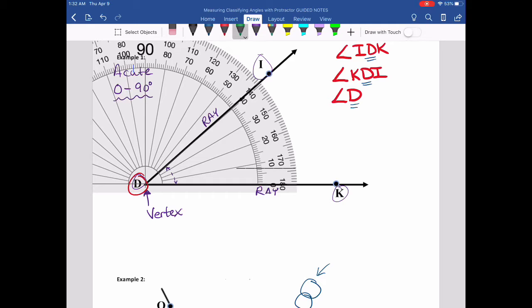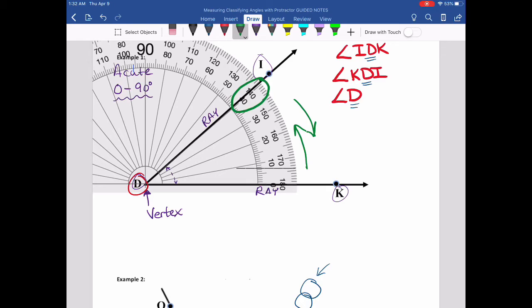Again, like I was saying earlier, the confusing thing about a protractor is that there's always two sets of numbers, because the thing that you have to remember is that we're not always measuring angles this way, from top to bottom or bottom to top. Sometimes we're measuring angles every which way. And so we have to use good critical thinking to think about what number makes the most sense.